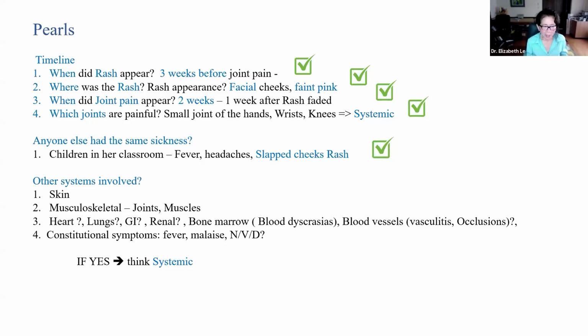Is there anything involved in that? Or constitutional symptoms like fever, malaise, nausea, vomiting, or diarrhea? If you answer yes to these questions, she definitely has skin, has musculoskeletal, some joint pain. So you have to think, yeah, this is systemic. Next slide.